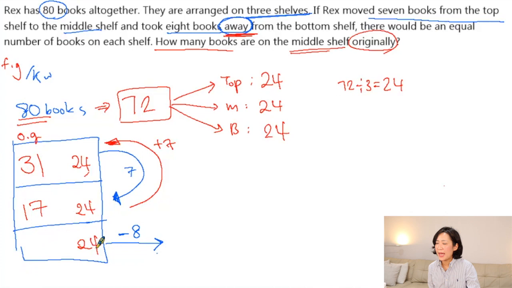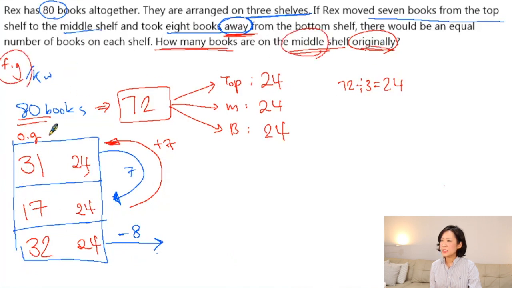Before moving away 8 books from the bottom, we've got 32 books. If you add them all together, that's 80 books, right? These are the numbers of books at the beginning. Now our final goal is finding the middle shelf originally: 17 books on the middle shelf.